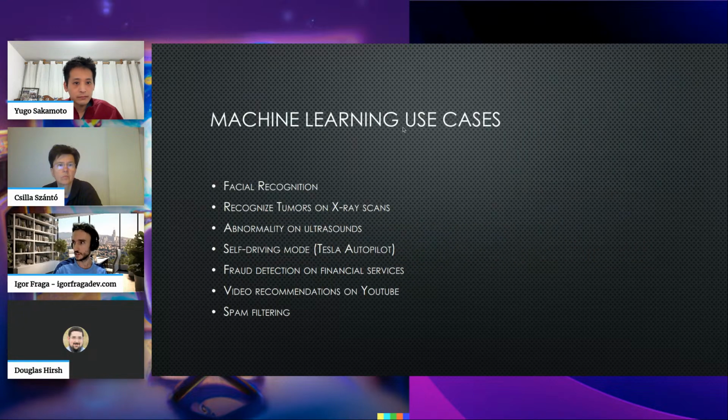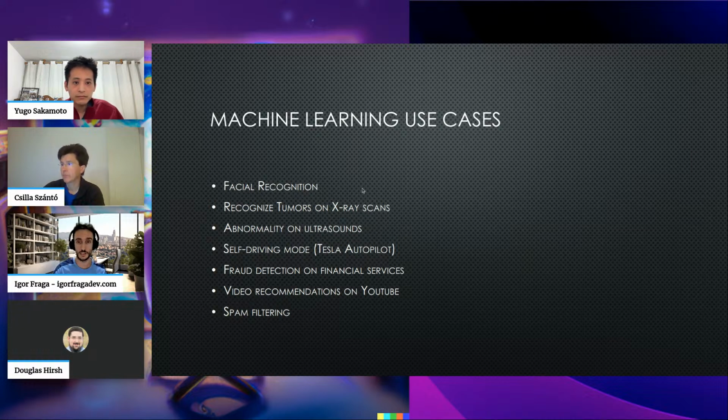Moving to a machine learning use case very quickly. We can use this for many cases. If you live in a place that has facial recognition, it probably uses some kind of intelligence like the ones machine learning applies.